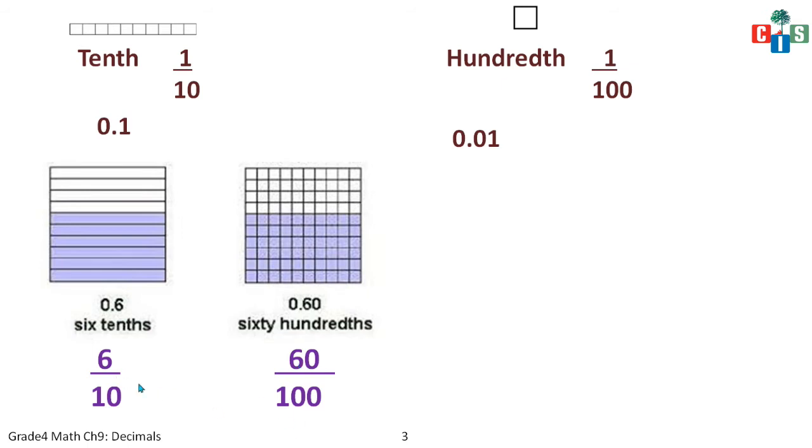These are equivalent fractions, because 6 multiplied by 10 will give you 60, and 10 multiplied by 10 will give you 100. If I draw horizontal and vertical lines, 10 times, I will get the same figure. The colored portion is the same, but the numerator and denominator are different, and that is known as equivalent fraction. Are you getting it? Okay.